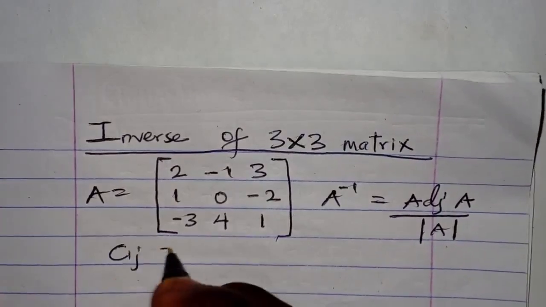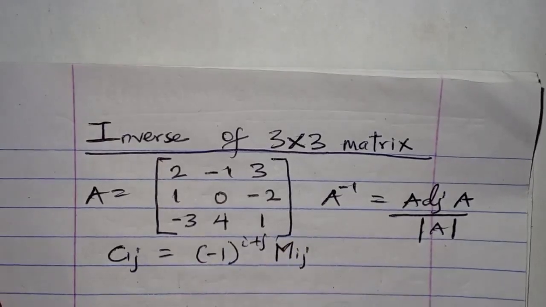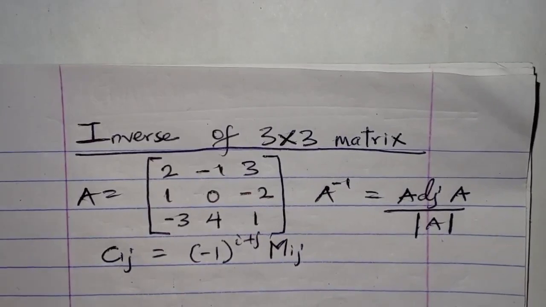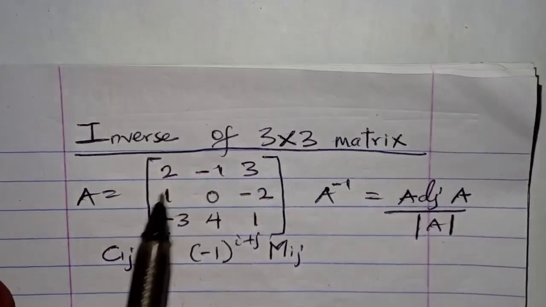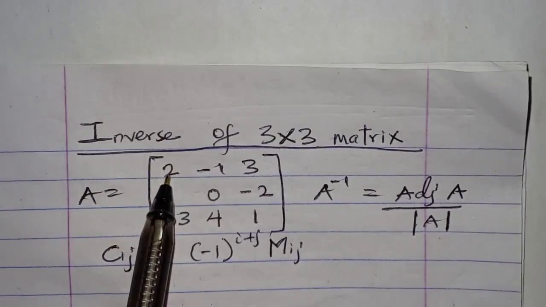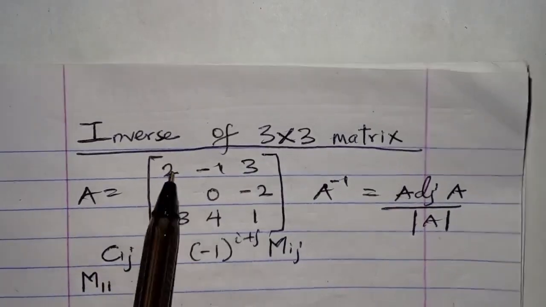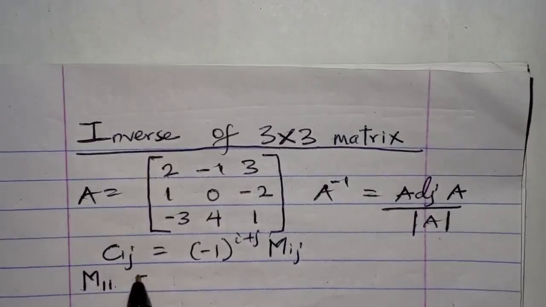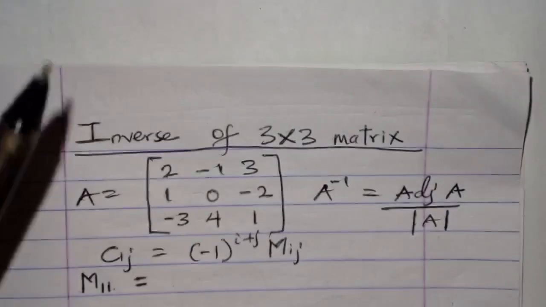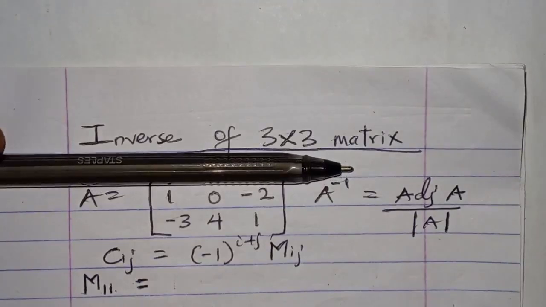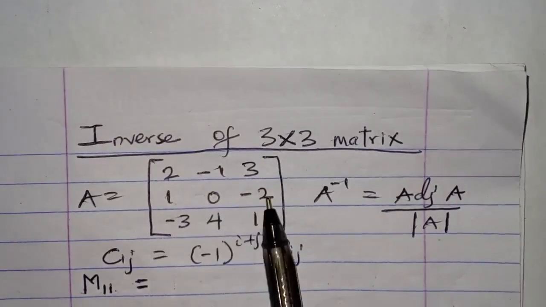Cofactor is minus 1 to the i plus j times the minor of the corresponding element. Okay, so let us determine the minor of each element in this matrix. 2 is in the first row and in the first column. So the minor of this element, that's M11, is this. If I eliminate this column of 2 and I eliminate this row of 2, I'll be having the elements 0, minus 2, 4, 1.